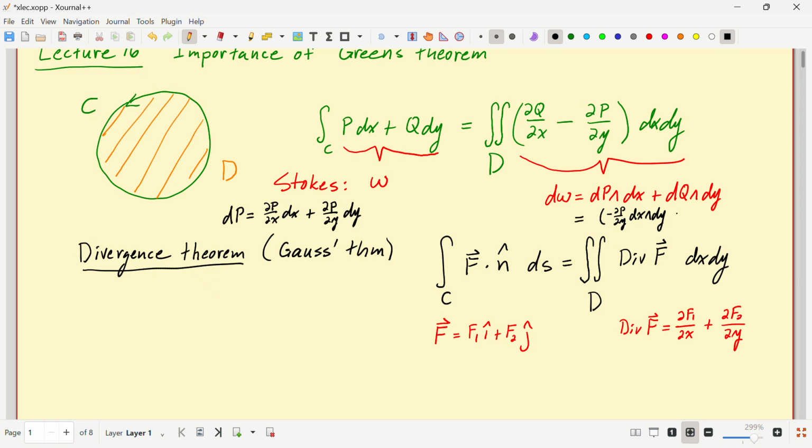And the dQ wedge dy would be dQ/dx dx wedge dy.